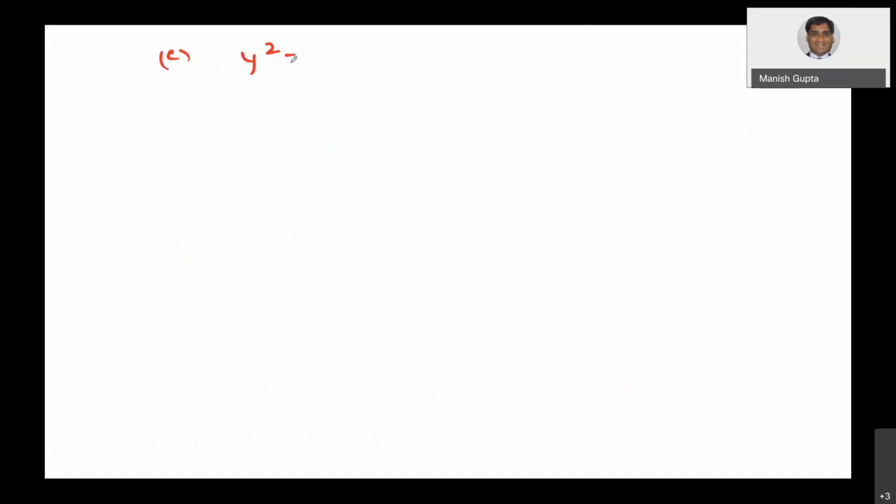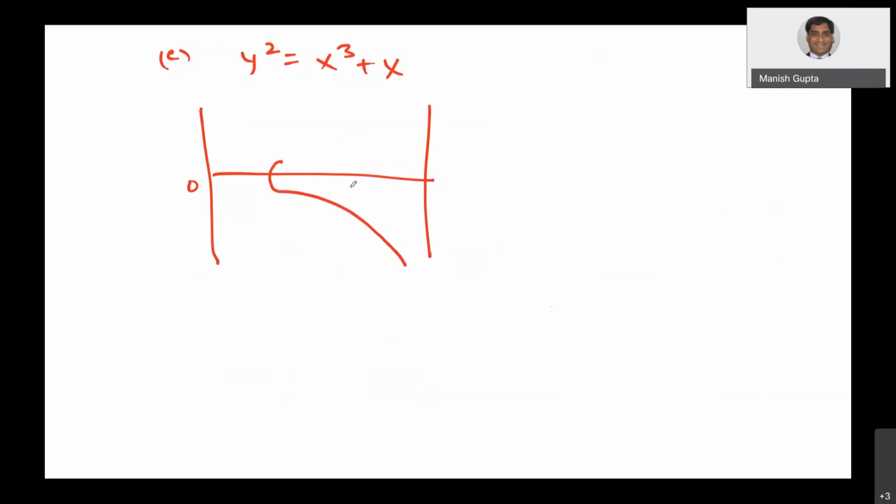Y square is equal to x cube plus x. In this case, this is the origin, and the curve is something like this.